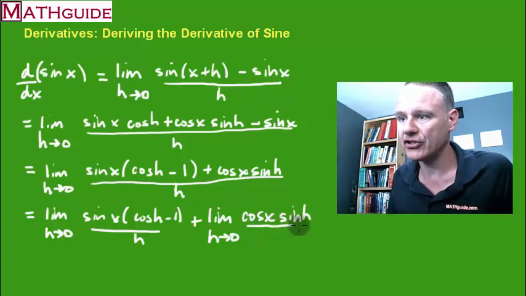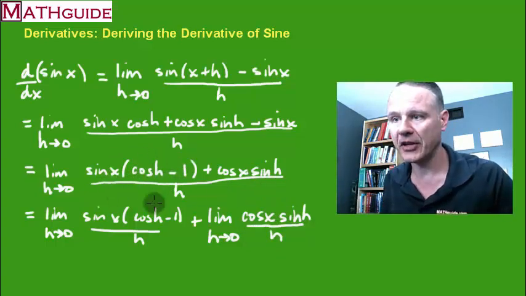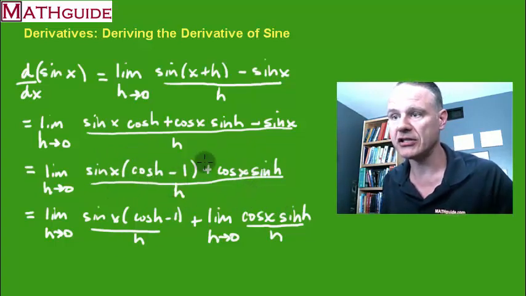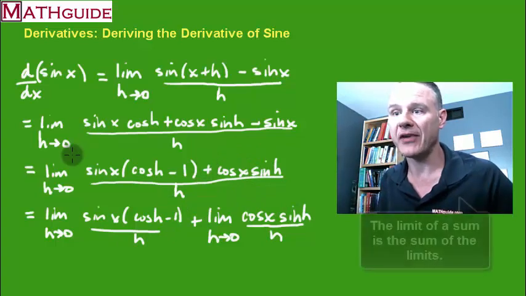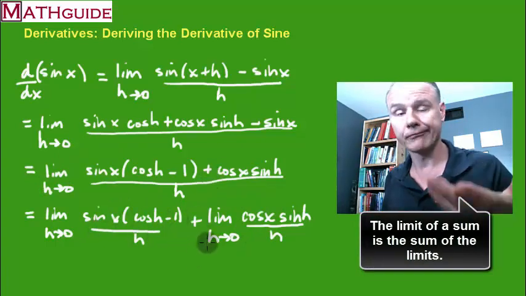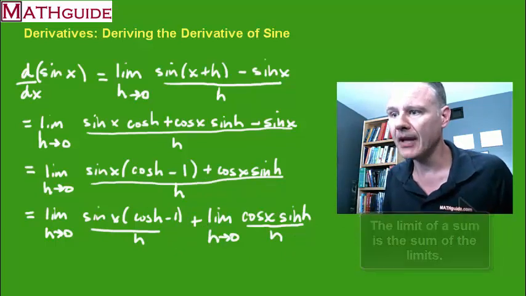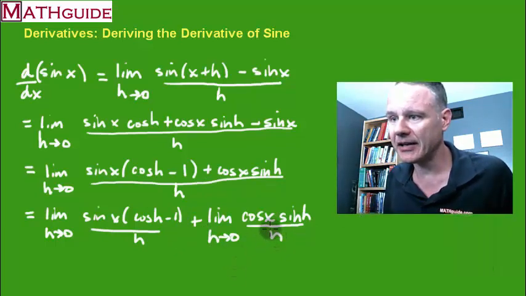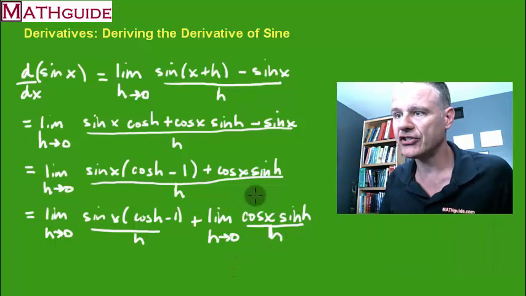So what I'm doing is looking at this expression like two different fractions. Here's one fraction all over h, and here's another fraction over h. And I'm finding the limit of each one of those fractions. So the limit of the sum is the sum of the limits. I'm using more properties. Looks like an n here, but that is an h, all h is in the denominator.